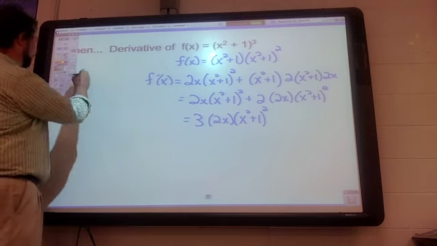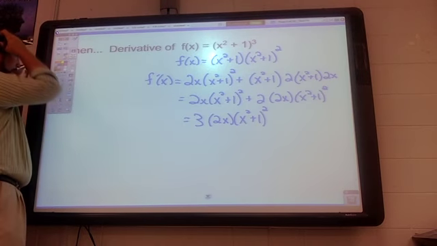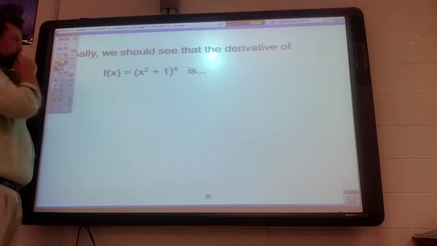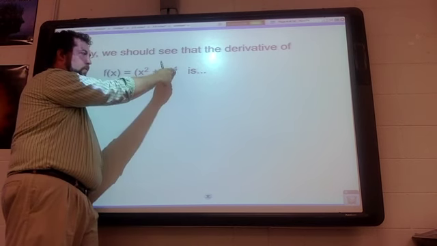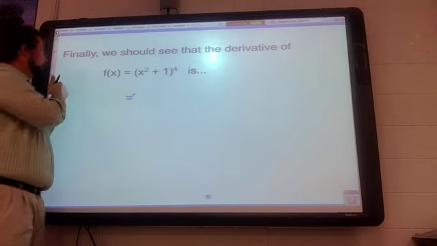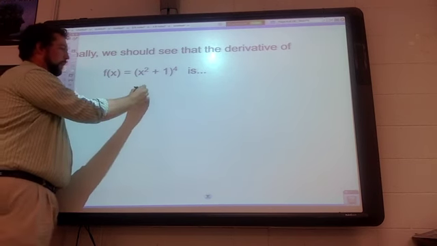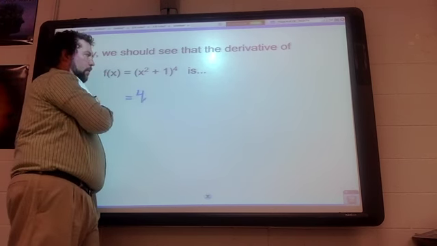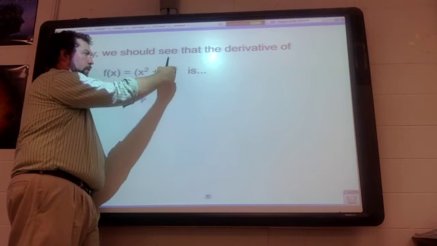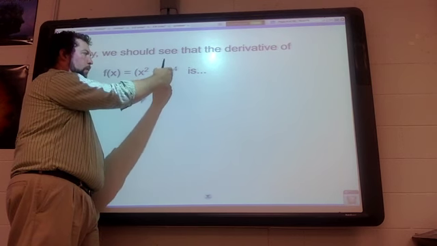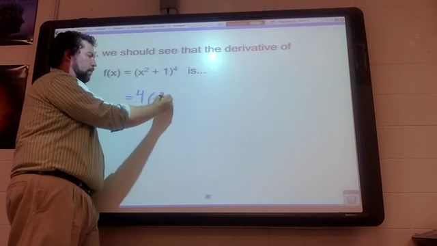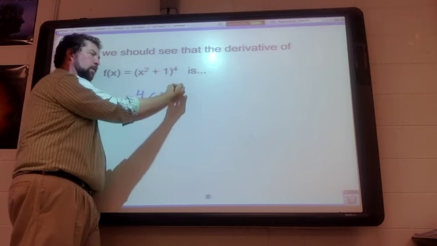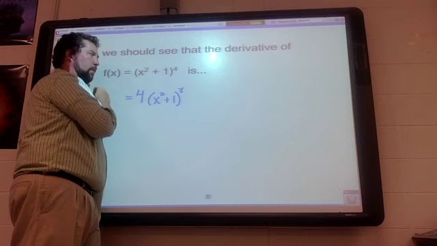Alright, so if we take that same process, let's think about it. This one's probably going to be what? Alright, it was the 4th power, so we go back and look at our other ones. That power actually came down here. We had x squared plus 1, but instead of raising it to the 4th power, we subtract 1, kind of power rule-ish, and raise to the 3rd power.